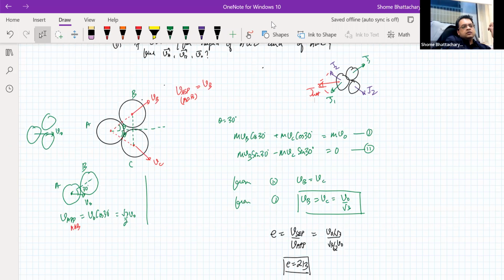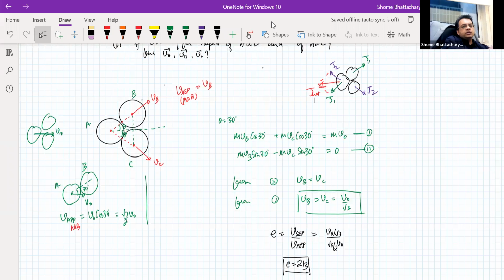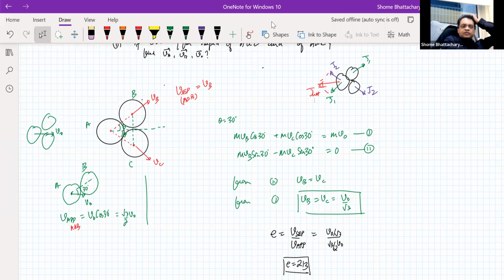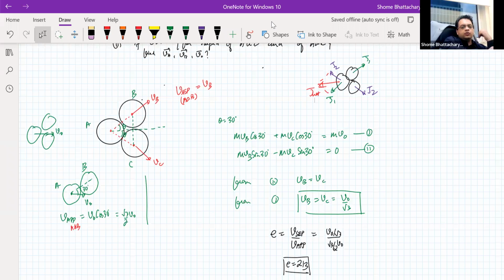As A is coming and hitting that point where it comes in contact with B and C, it is approaching B and also approaching C. After the collision is over, B and C both start moving away from A. So each of them has some separation velocity with respect to A. So it's a kinematical parameter. It has nothing to do with anything else. It has to do with the rate of separation with respect to the rate of approach. Yes, sir, I got it. So that works out to be 2/3 for both the collisions happening here, because everything is symmetric.